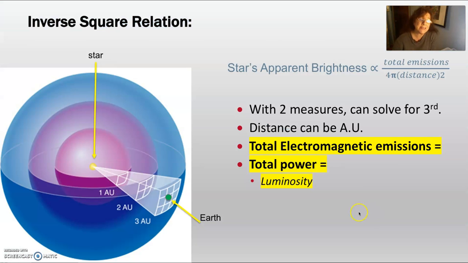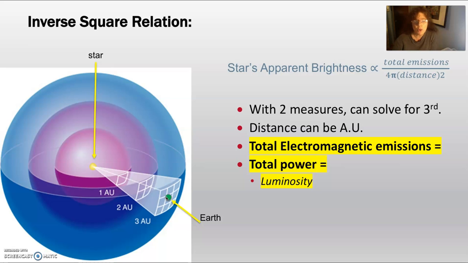When we look at a star here, and we look at its impact on Earth here through 1 astronomical unit. Actually, this would be our Earth right here at 1 astronomical unit, at 2 astronomical units, at 3 astronomical units. So that would be at about a little bit farther than Mars.